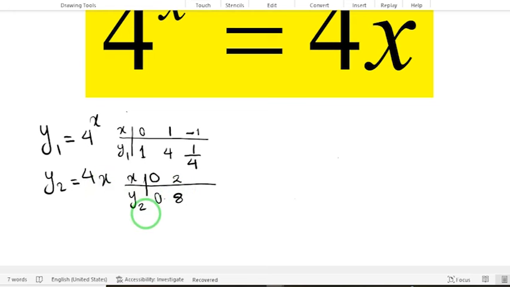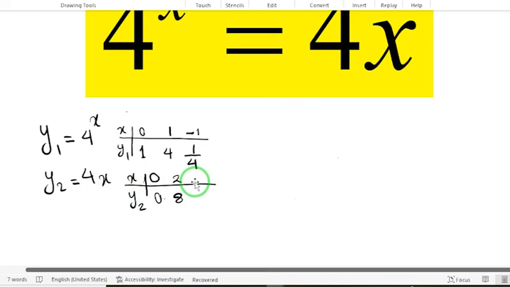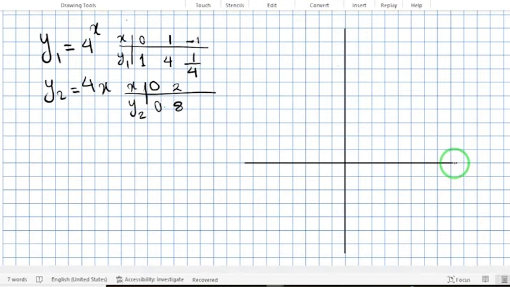Now we draw the graph of both functions. We first prepare the Cartesian plane. Here we draw the x-axis and here the y-axis.